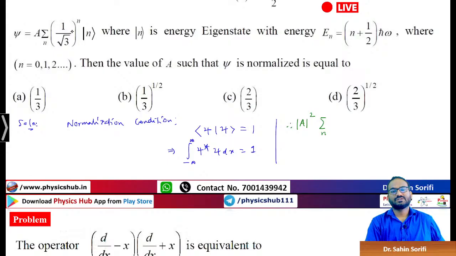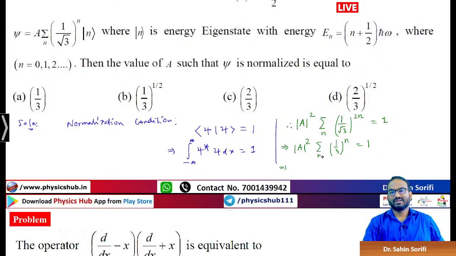So 1 by root 3 to the power n, so it becomes 2n. Bra n ket n, that is 1, so this is equal to 1. So mod A square, sum over n, this becomes 1 by 3 to the power n, equal to 1.